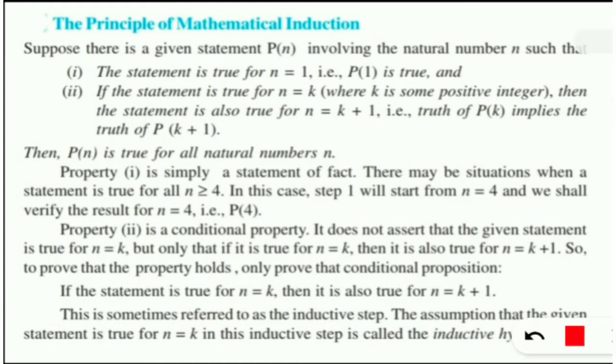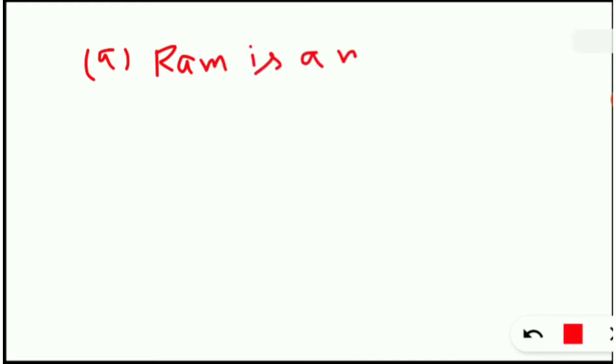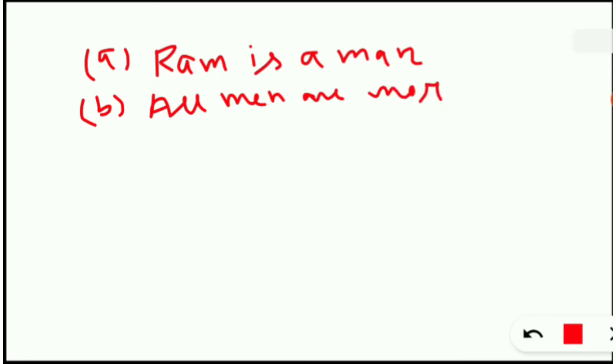Now students, what is the meaning of conditional property? Listen, if we write: Ram is a man. Next, all men are mortal.